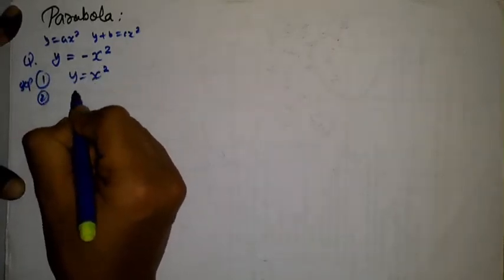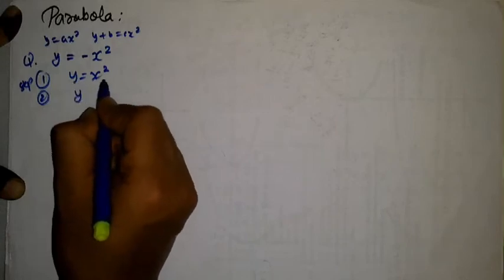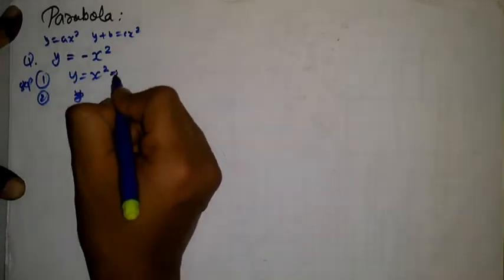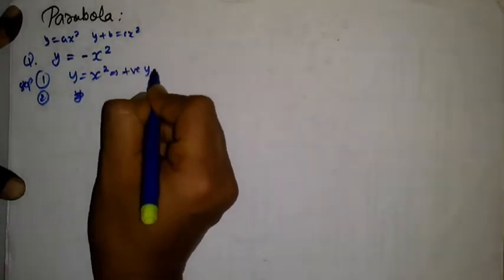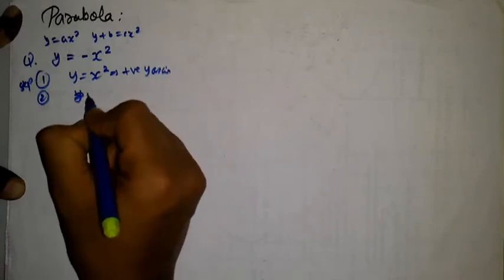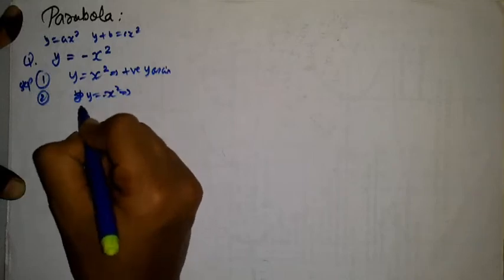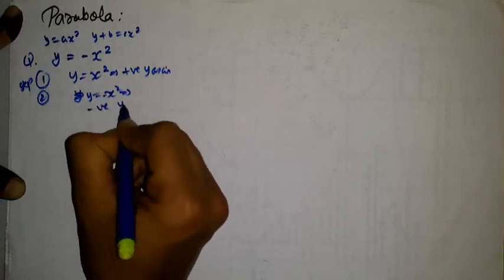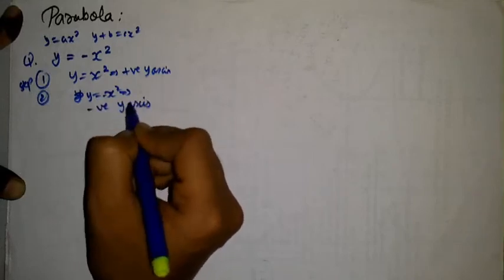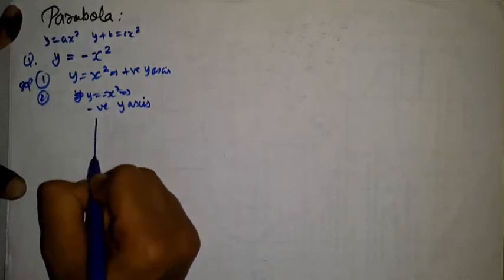Then step 2: we know that y is equal to x square lies on the positive y axis, so y is equal to minus x square implies this graph will lie on the negative y axis. So let's draw.